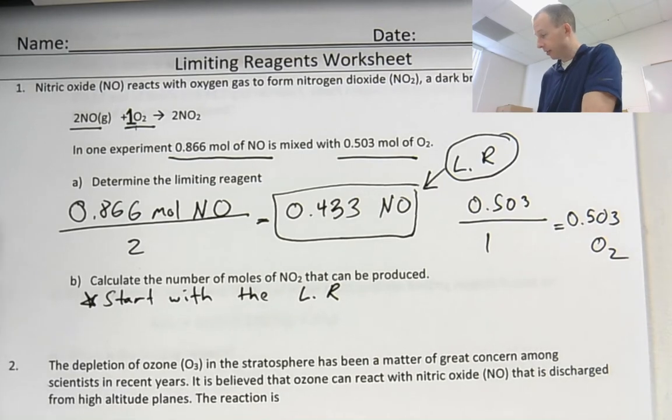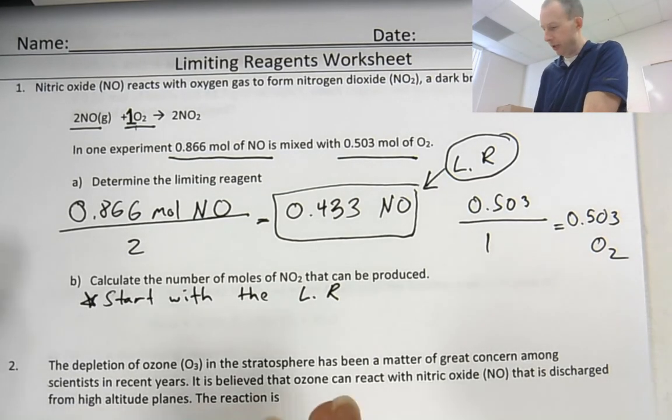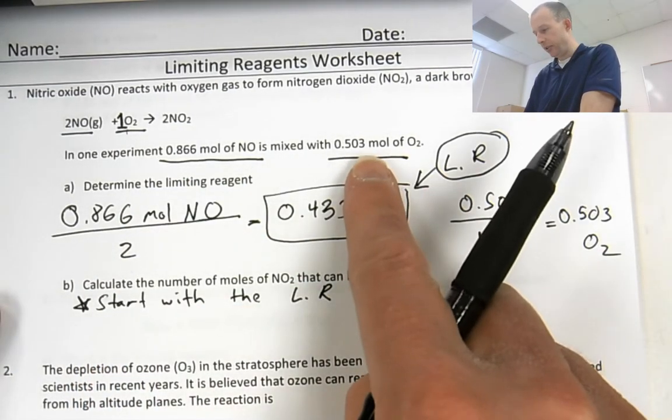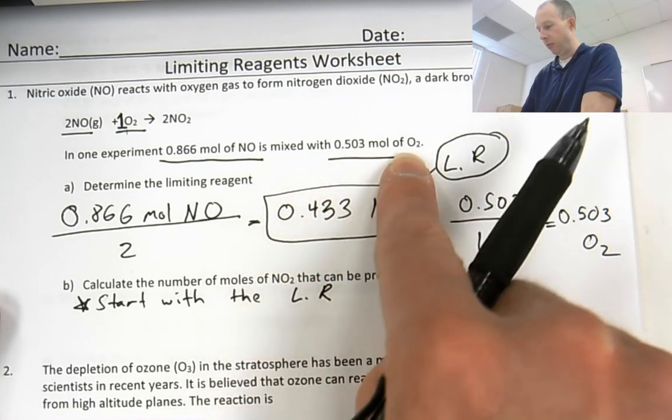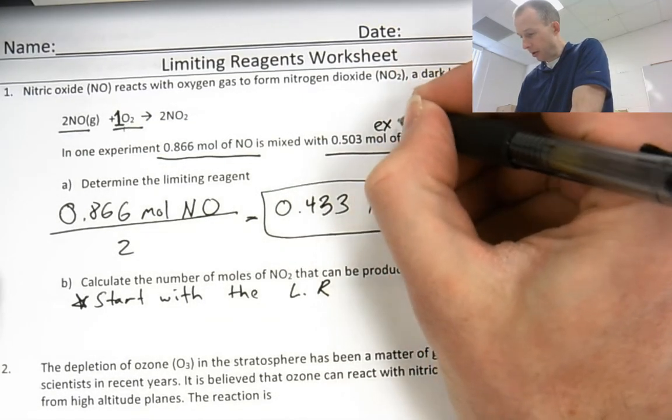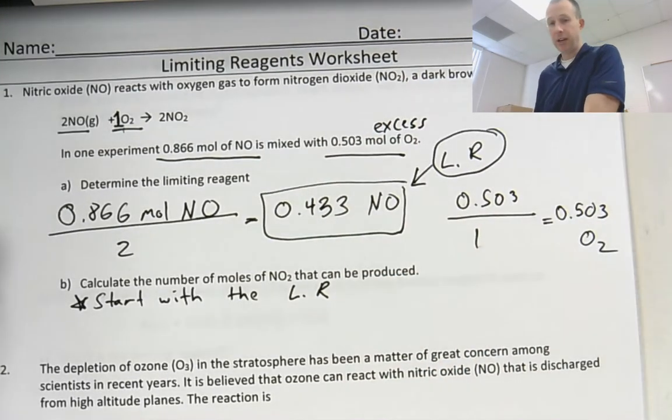I call it reactant. You don't care about the 0.503 moles of oxygen. We've established that it is not limiting. It is in excess. Whatever is not the limiting reactant is in excess.